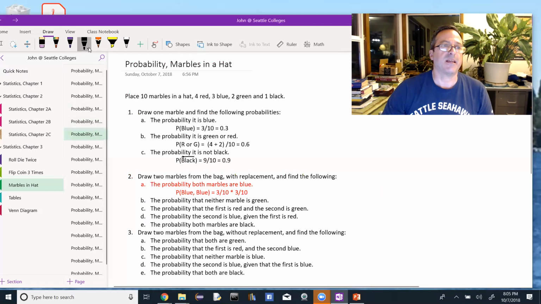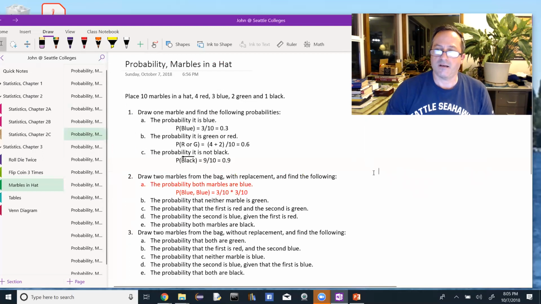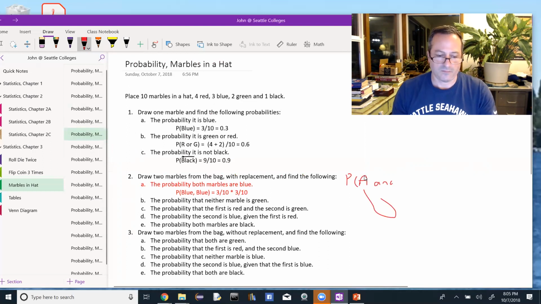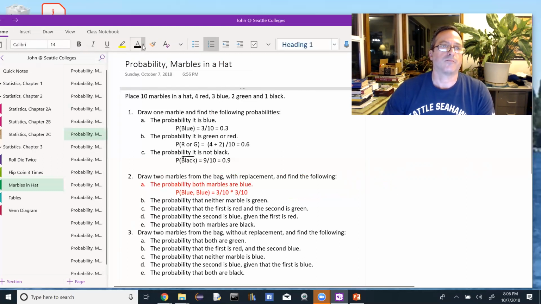If you have independent events, you can find the probability of 2 of them occurring using the idea that the probability of A and B is just going to equal the probability of A times the probability of B, and that's because of the independence.